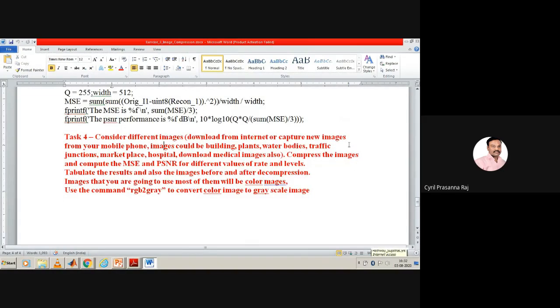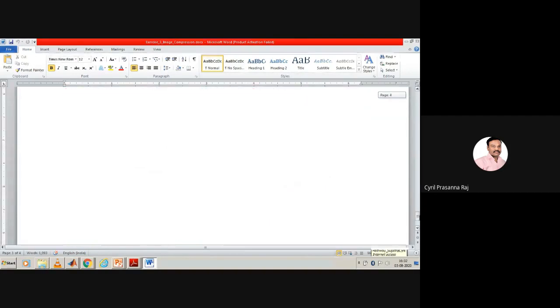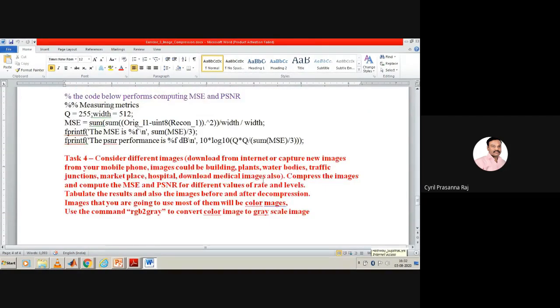Then task 4 is this. Consider different images. That means don't take this image only, that is test pack 1. Take different images, which could be from the internet, captured from your mobile phone, or images of a building, whatever it is. Compress all the images for all the above conditions.